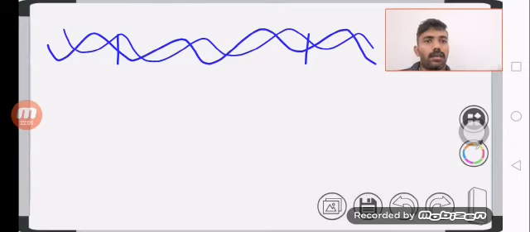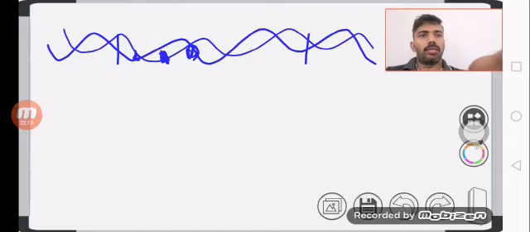Suppose this region is the up element, this one is the -35 region and this one is the -10 region. And this one is the +1 site, suppose.